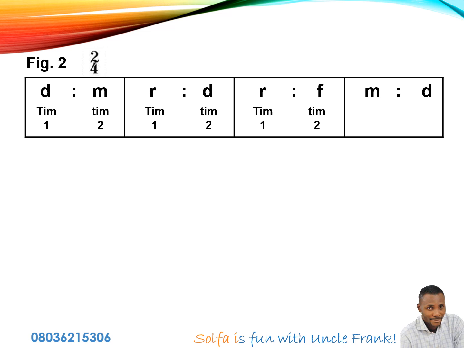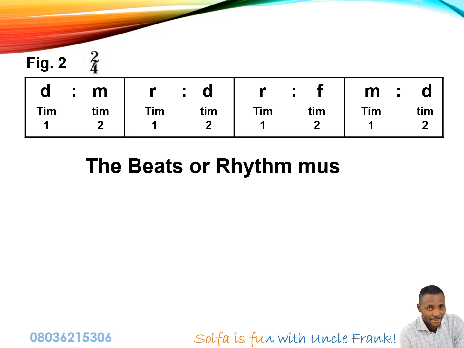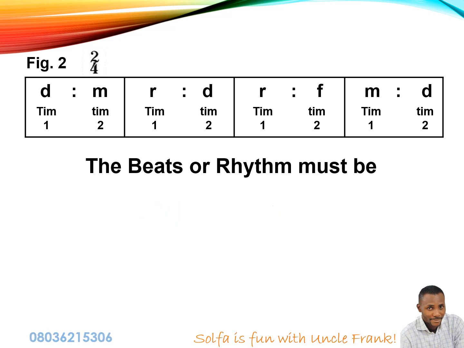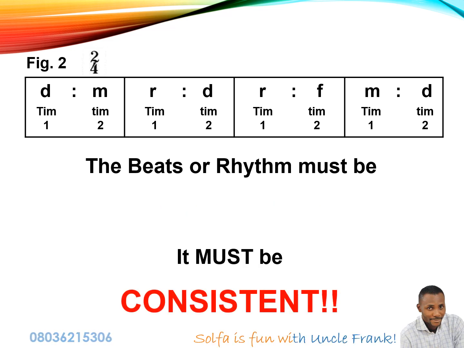The 1, 2, 1, 2, 1, 2 is how we count the beats. The beating, the rhythm must be constant, must be the same. It must be consistent. 1, 2, 1, 2, 1, 2.